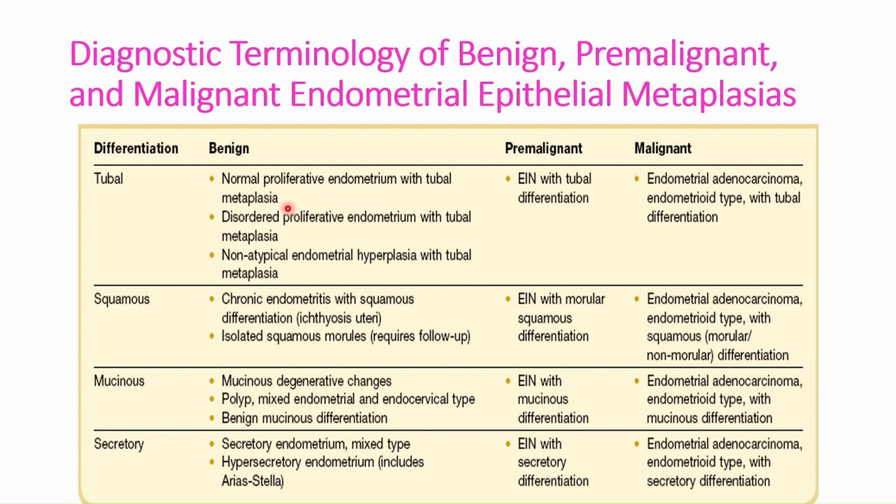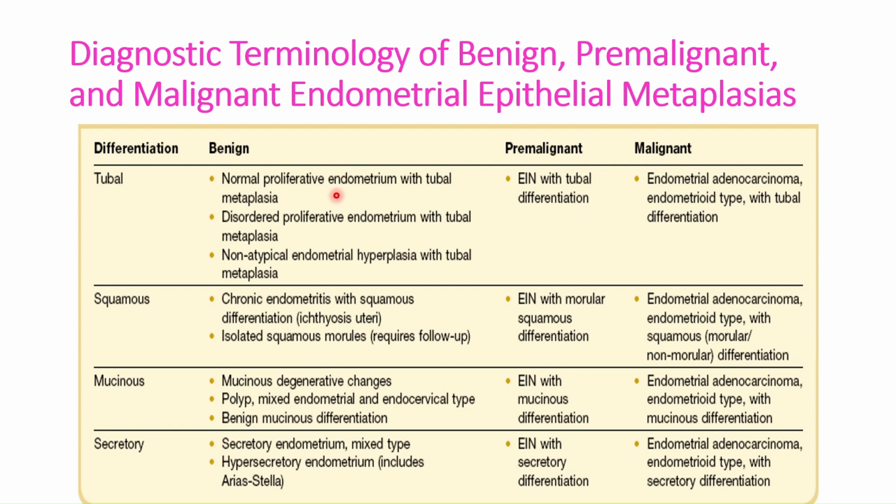If disordered proliferative endometrium is there, then disordered proliferative endometrium with tubal metaplasia, or non-atypical endometrial hyperplasia with tubal metaplasia. If a pre-malignant condition like endometrial intraepithelial neoplasia is there and there is tubal differentiation, it is EIN with tubal differentiation. If a malignant lesion is there, it is endometrial adenocarcinoma, endometrial type with tubal differentiation.